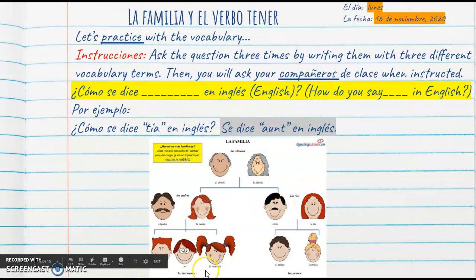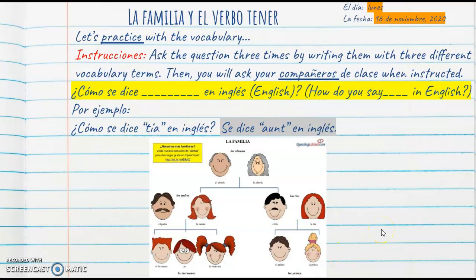Then down below we have la hermana, yo, which is the person talking about the family, your own family, I, yo, and el hermano, which together they are los hermanos, the siblings like you learned today. Then we have el primo and la prima, which together they are los primos.